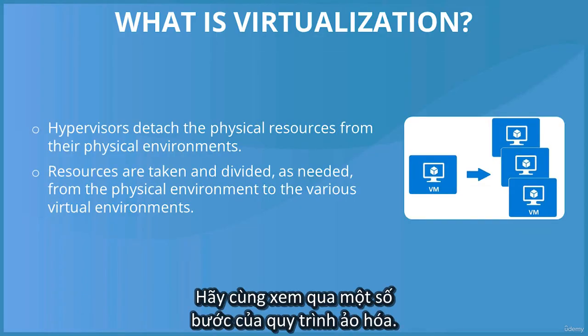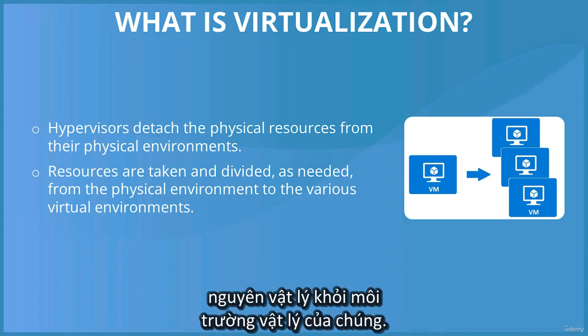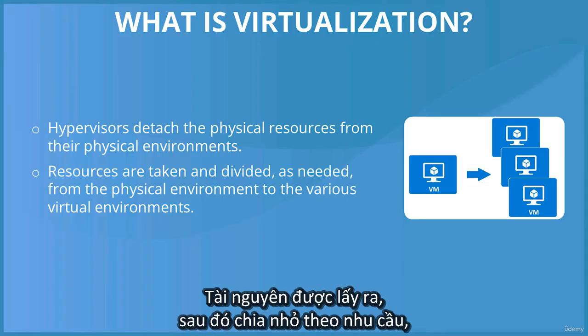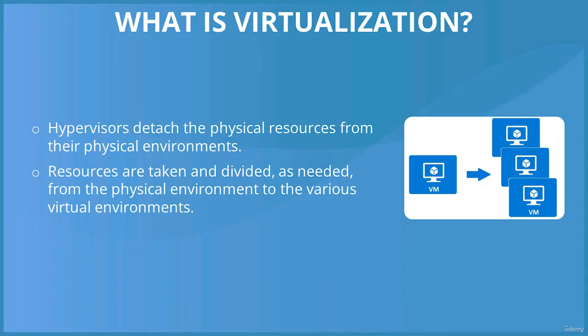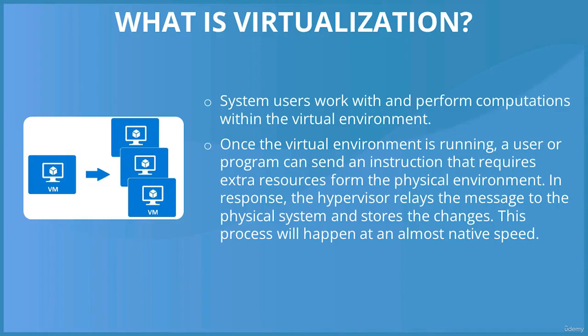So let's go through some of the steps of the virtualization process. First up, hypervisors will detach the physical resources from their physical environments. Resources are taken, then divided, as needed, from the physical environment to the various virtual environments. System users work with and perform computations within the virtual environment.